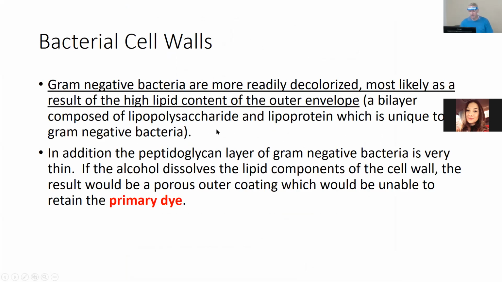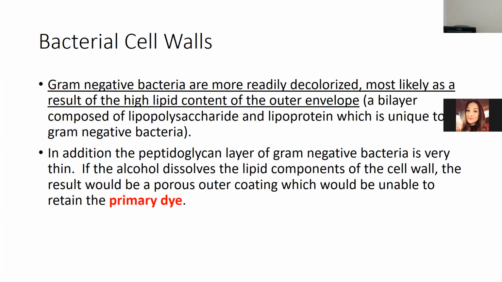Gram negatives do not hold on to the crystal violet because they decolorize. So we take the color away from a gram negative organism and have to counterstain it with our safranin. The reason is the high lipid content in their outer envelope. A gram negative organism has the cytoplasmic membrane, the peptidoglycan layer, and then an outer membrane above that.